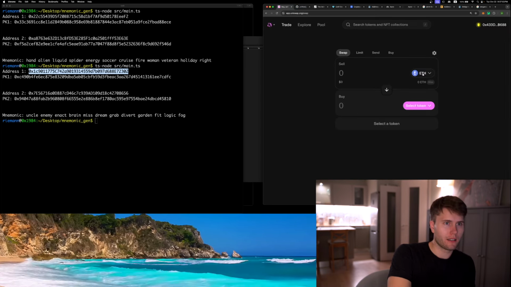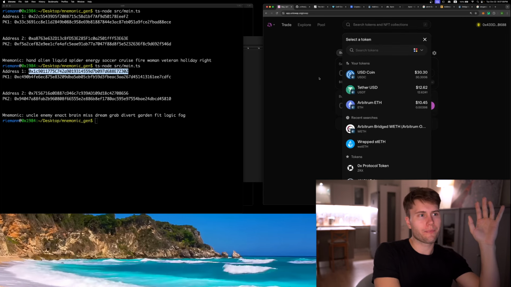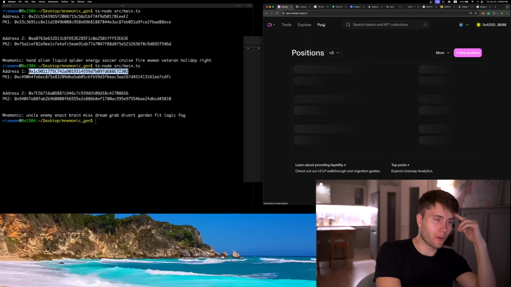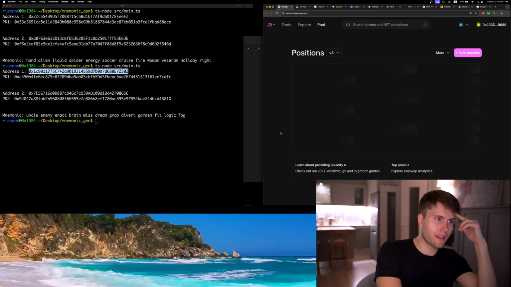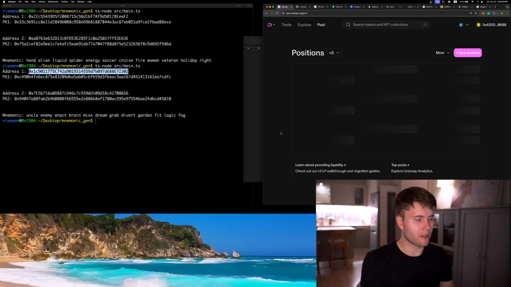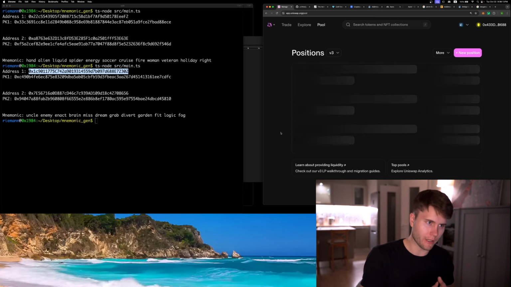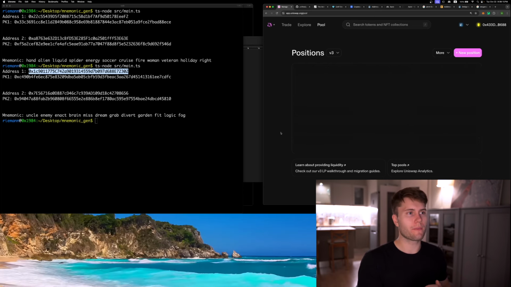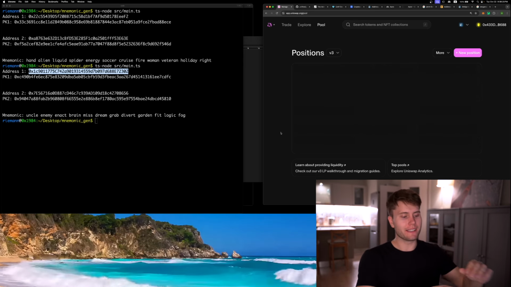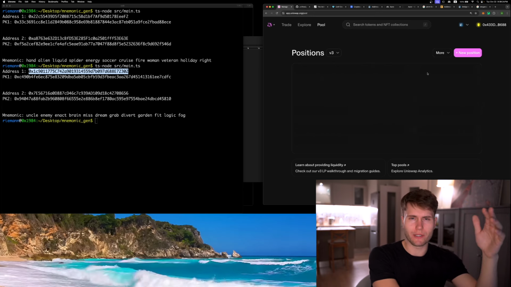All right, let's actually swap, but we're going to swap on Curve. Again, how does this work to begin with? Uniswap is an automated market maker, and the price on an automated market maker is defined by a formula called the constant product formula. The formula is X times Y equals K. All this means is, for example, the amounts of USDT and USDC.